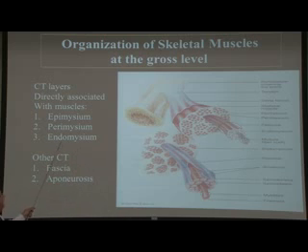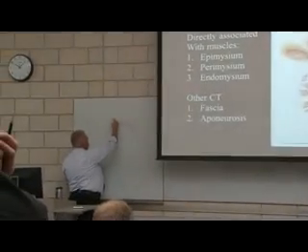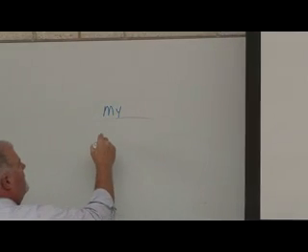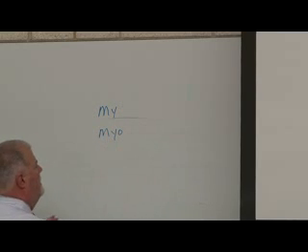So what we use are prefixes that are descriptive of location: epi, above; peri, around; and endo, within, as a description of these connective tissues. There's also a prefix we use a lot relative to muscle. Mys is something that we would see associated with muscle. Myo is another way that we could see it.